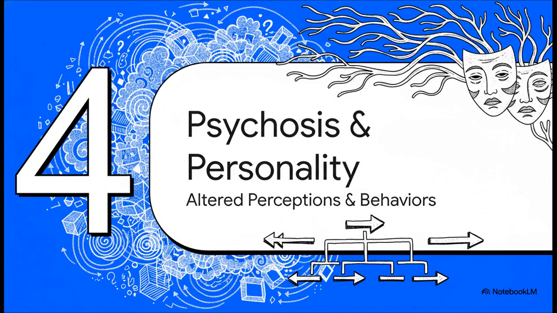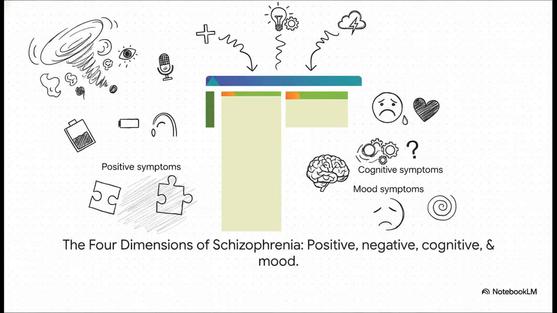All right, we're heading into our final section, and we're tackling some really complex stuff: psychosis and personality patterns. Look, we're not going to become experts in 5 minutes, but the goal here is to give you a solid, simple framework to help you make sense of these really altered ways of perceiving and behaving. Schizophrenia can feel really overwhelming to understand, but breaking it down into these 4 dimensions helps a ton.